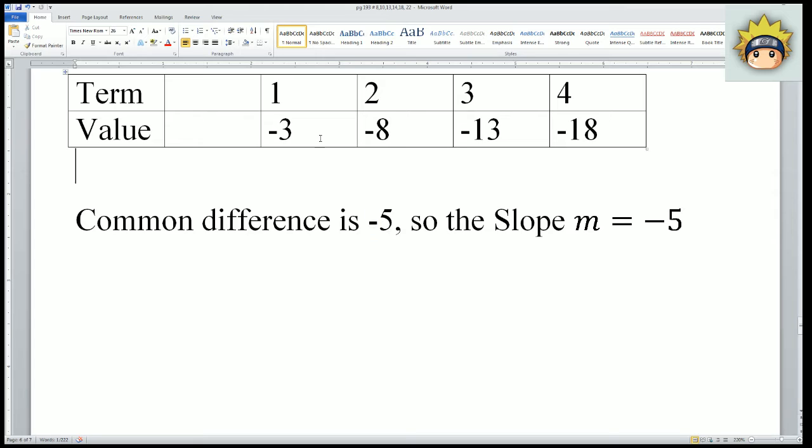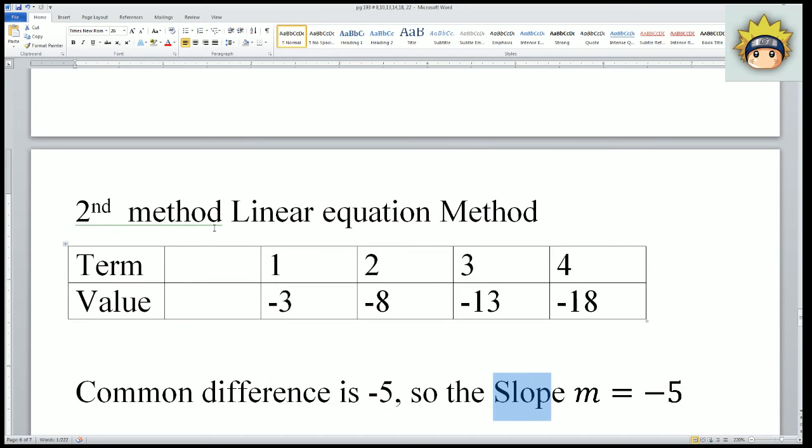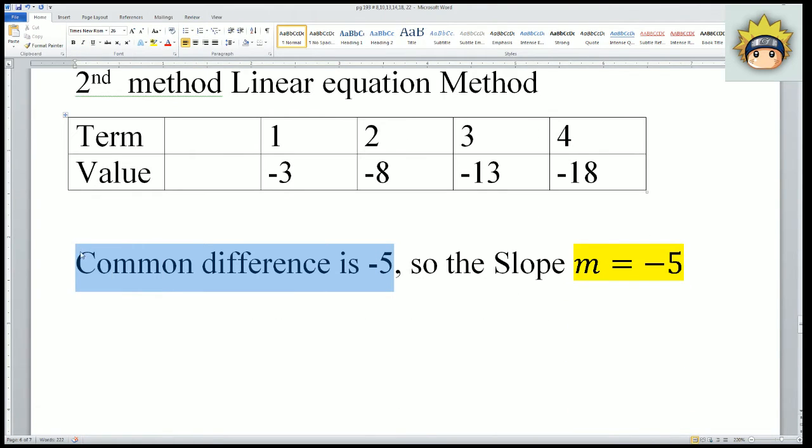So from one term to another term, it's -5. That is the common difference. The common difference is also referred to as your slope in your linear equation method. That's why I made the slope -5. These two are the same thing.